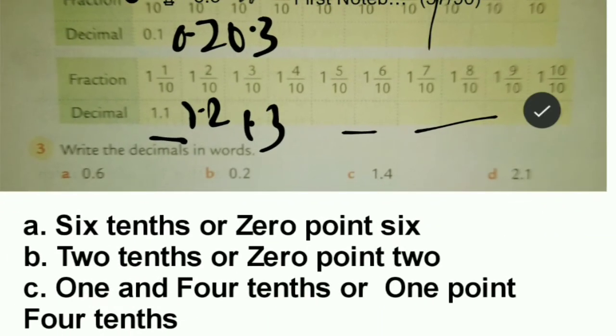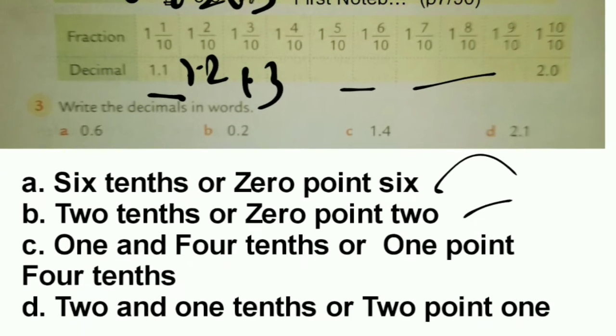After this, write the decimals in words. See 0.6. How to write 0.6? We can write 6/10 or 0.6. Then 0.2, 2/10 or 0.2. Like this we can write.